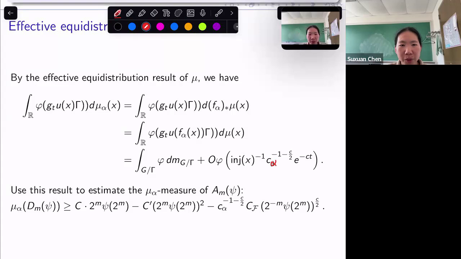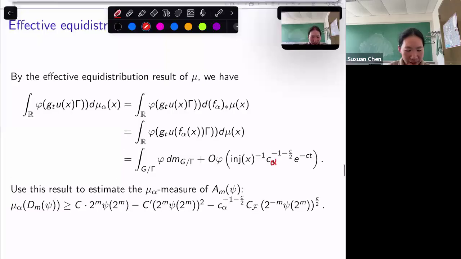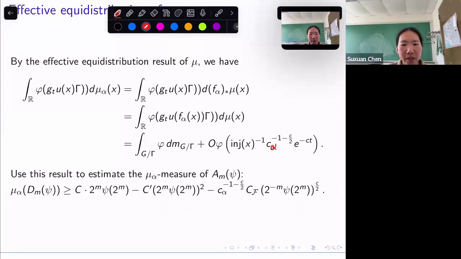So for this mu_alpha measure, the push forward of mu by F_alpha, for the error term we have an extra C_alpha to the power -1 minus s over 2. By this effective equidistribution of mu_alpha, we can estimate the mu_alpha measure of A_M psi, using the same correspondence as before.